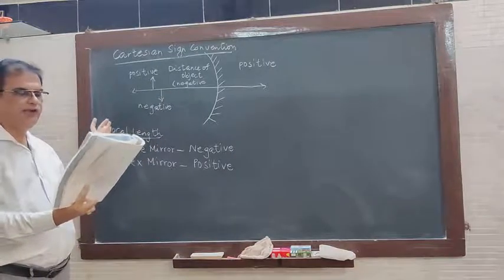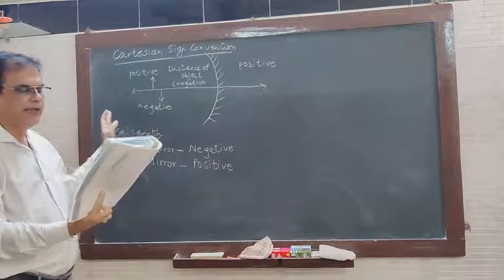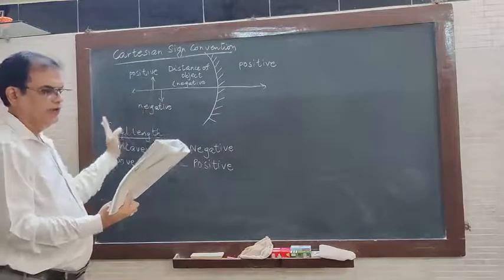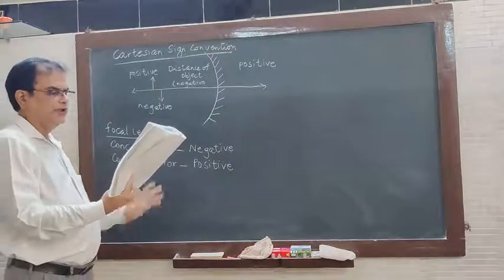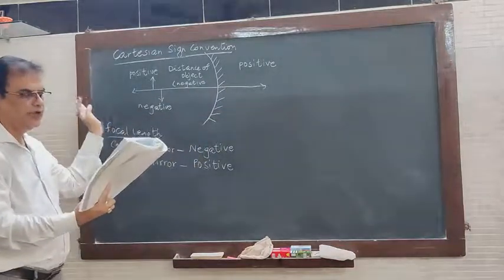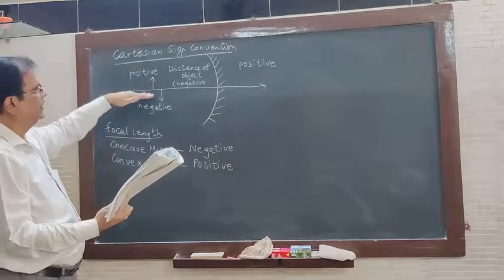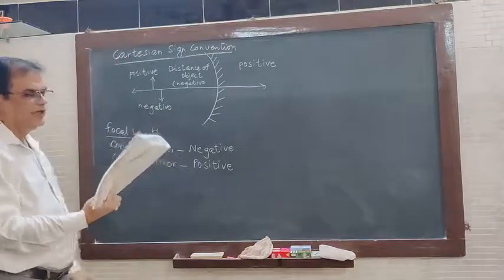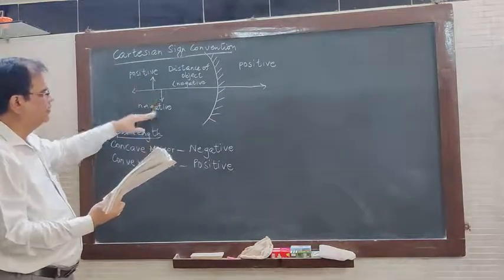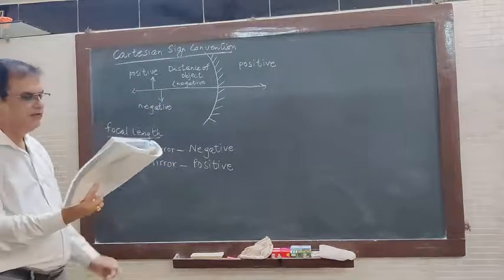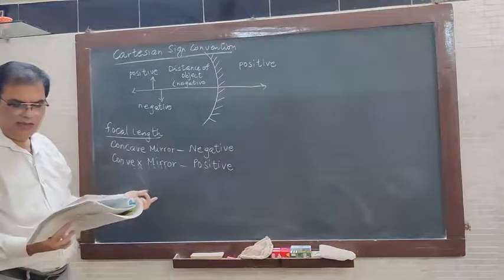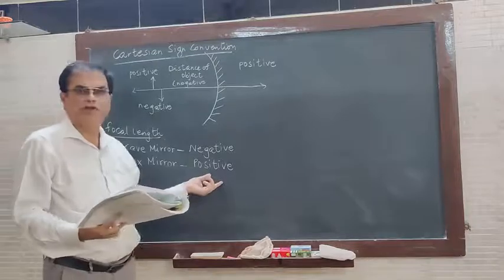All the distances parallel to the principal axis are measured from the pole of the mirror. All the distances towards the right of the pole are taken to be positive, while all the distances towards the left are taken to be negative. Distances measured vertically upward are taken as positive. If you measure them vertically downward, the distance is taken to be negative. And lastly, the focal length of a concave mirror is always negative, and the focal length of a convex mirror is always positive.